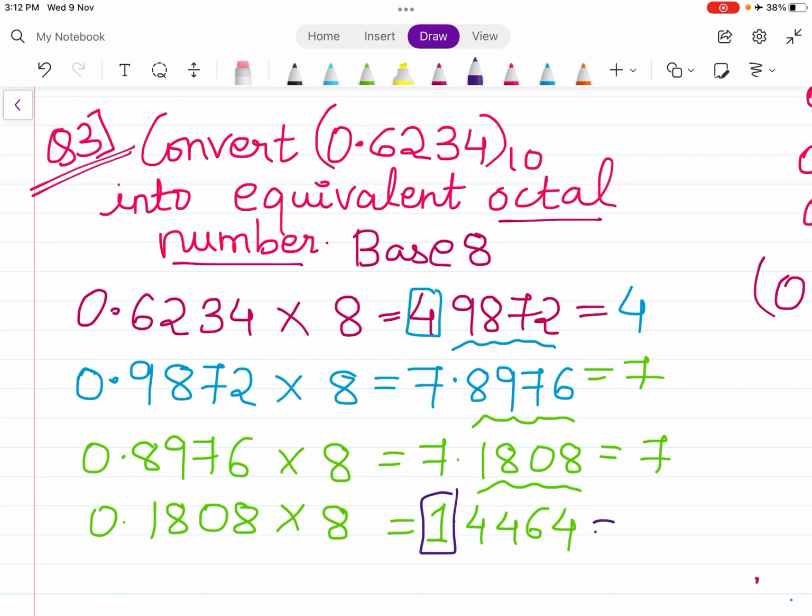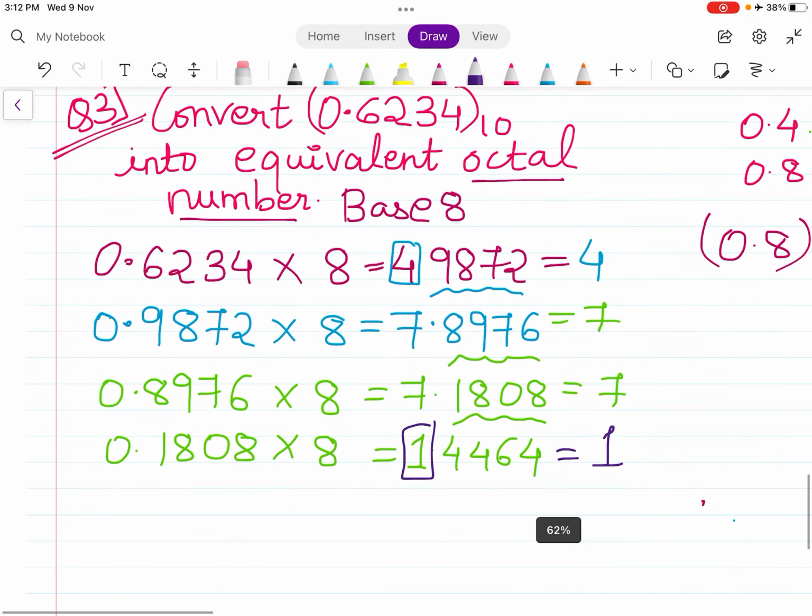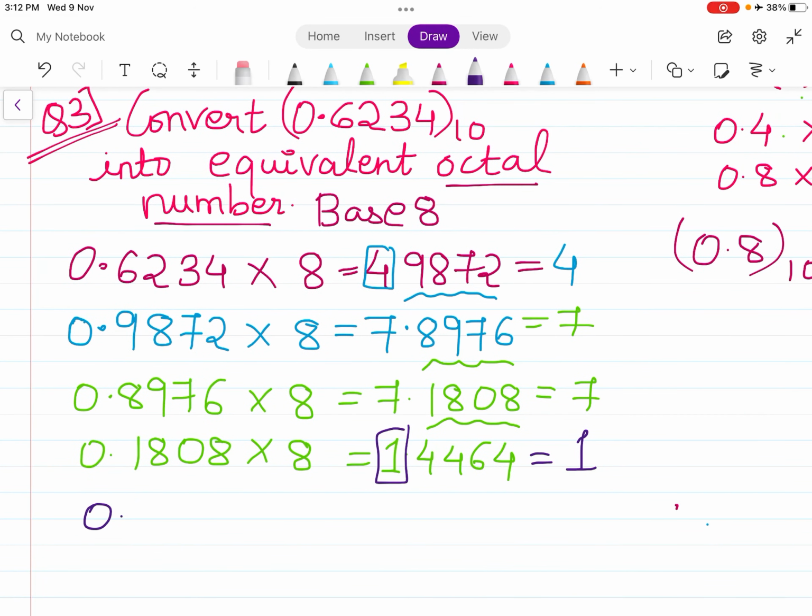The carry is 1 and the fractional part is 0.4464 into 8, which is 3.5712. So the carry is 3. We can stop here.